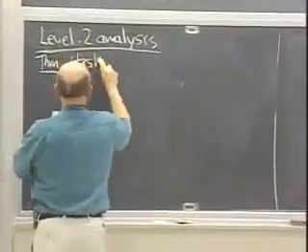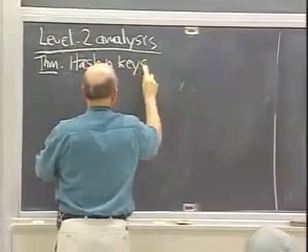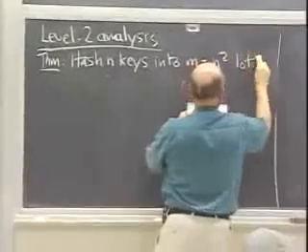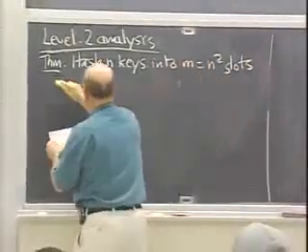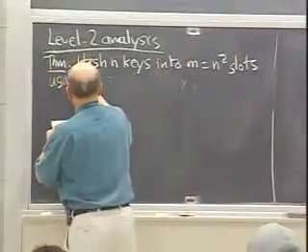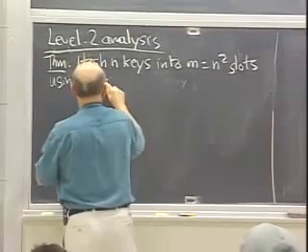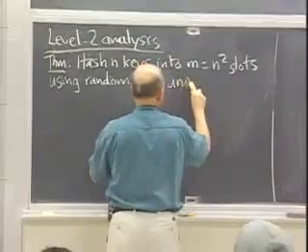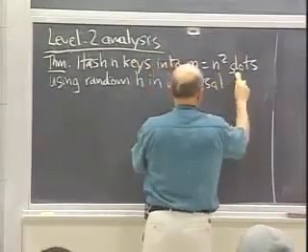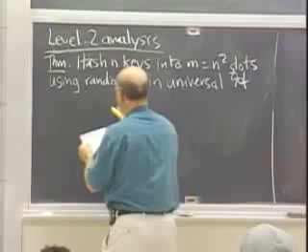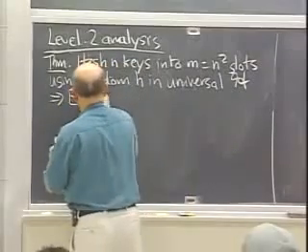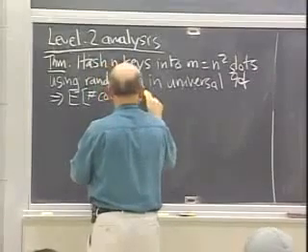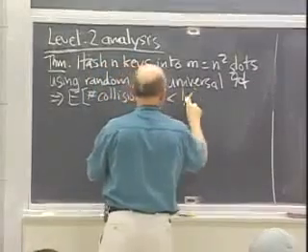If I hash n keys into m equals n squared slots, using a random hash function h in a universal set H, then the expected number of collisions is less than 1/2.